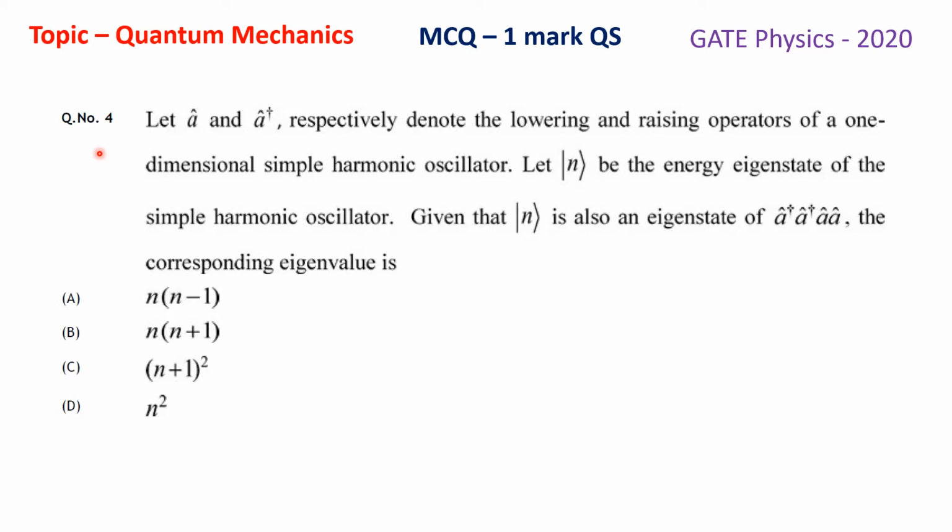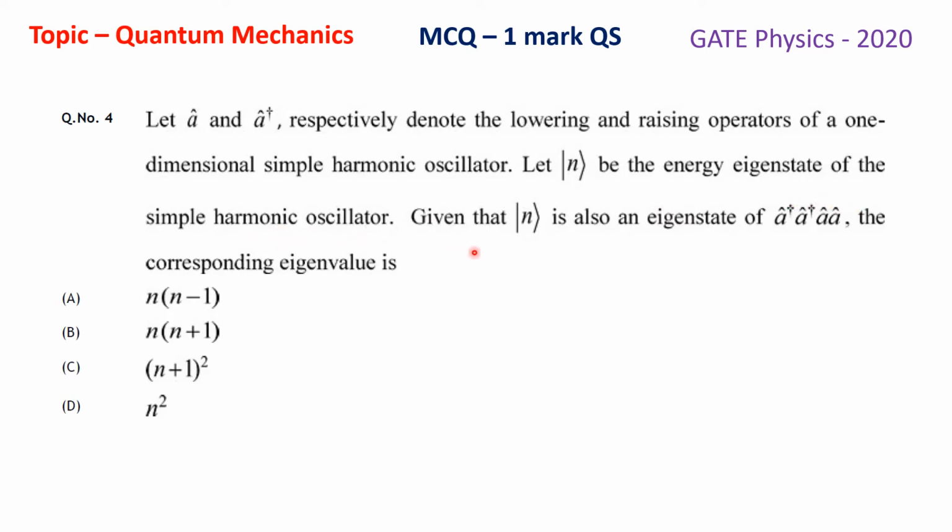The question is, let A cap and A cap dagger respectively denote the lowering and raising operators of a one-dimensional simple harmonic oscillator. Let the state n be the energy eigenstate of the simple harmonic oscillator.